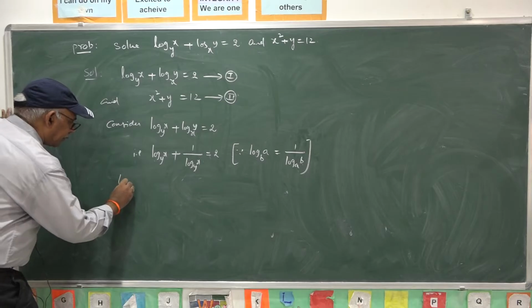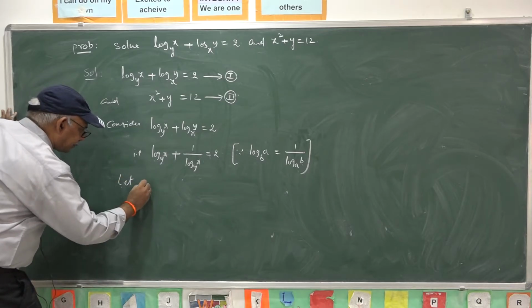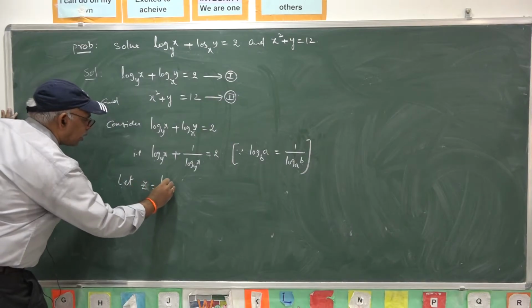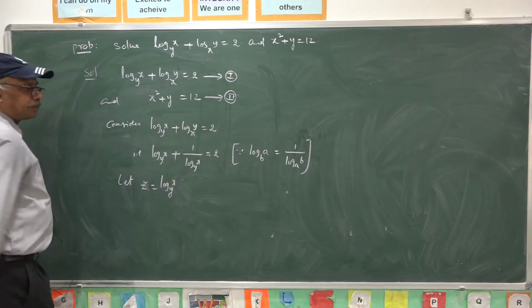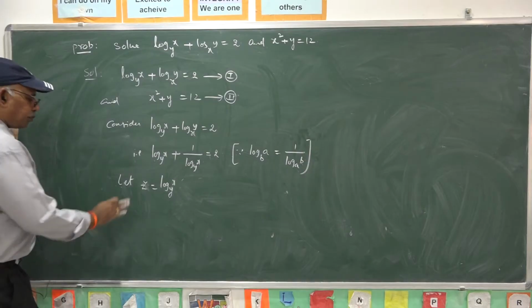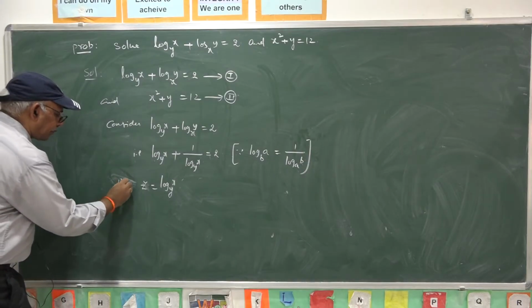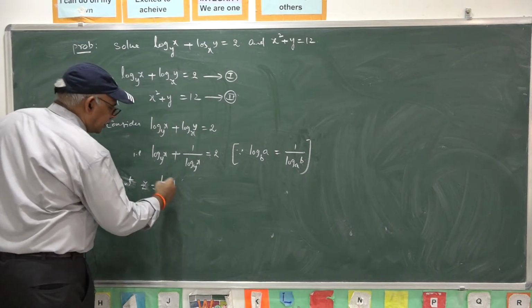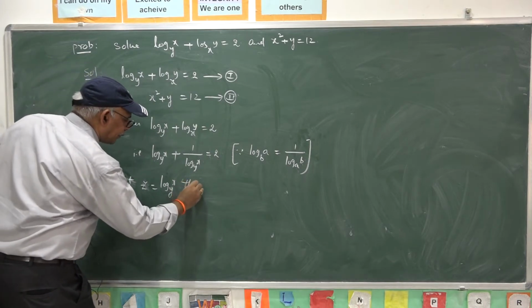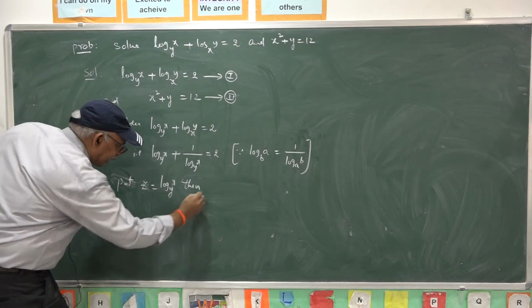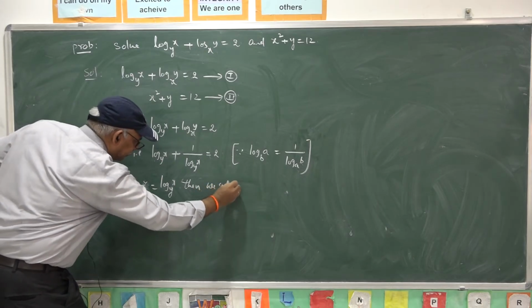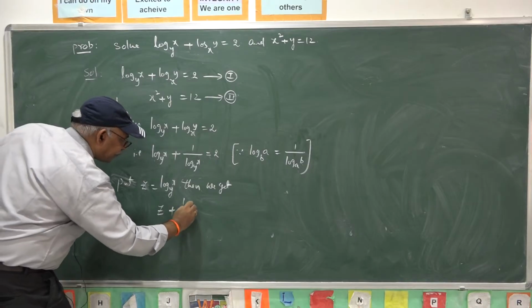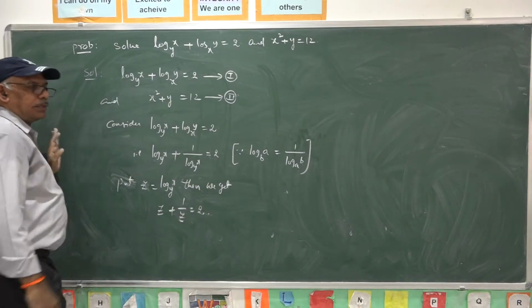And to solve this equation, let z equal to log x to the base y. Then we get z plus 1 by z equal to 2.